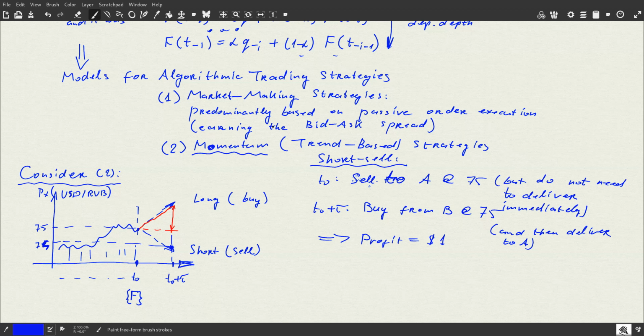And being able to enter both long and short positions is instrumental in this type of momentum strategies. So that's how trend following or momentum works.